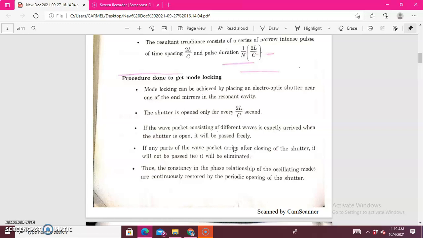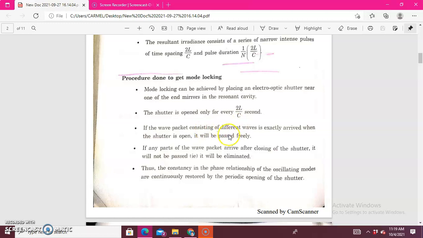Using this particular laser, we can achieve a very large number of pulses. Here one more thing we have to look at: the shutter should be open only for every 2L by c seconds.